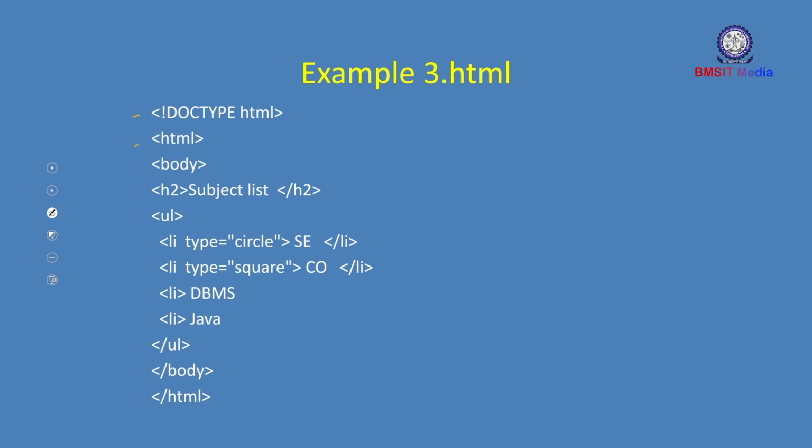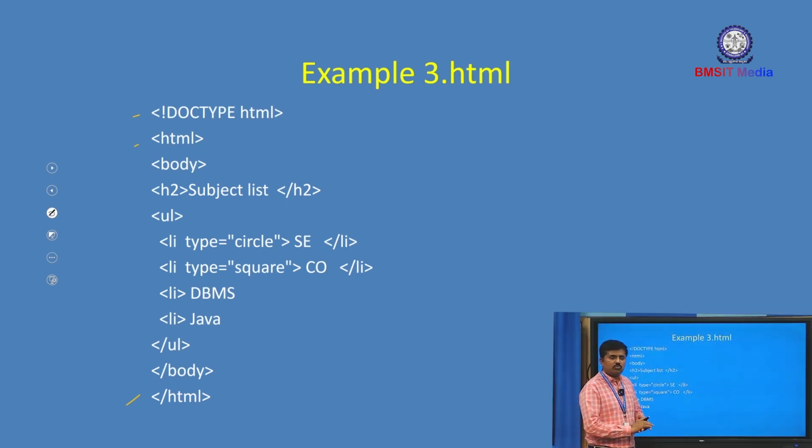And that beginning HTML should have an ending, /HTML. Next there is a header 1, which is a bigger font, and if you want to reduce it a little bit, there is a header 2 font. That header 2 is a subject list enclosed within the body. The body is what will display within the web page.